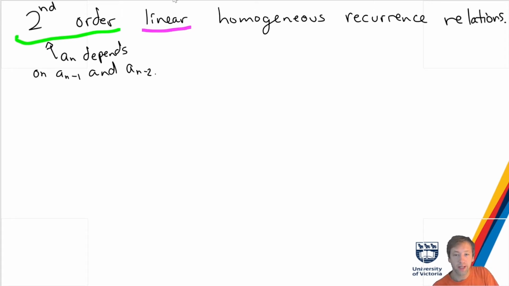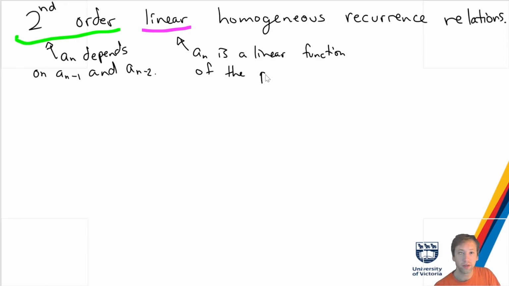Linear means that it depends on these previous terms in a linear way. So in other words, a_n is a linear function of the previous terms. So in other words, a_n is just like c times a_{n-1} plus, let's say, d times a_{n-2}.